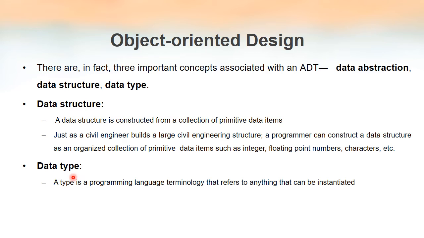So in general we can define a data type as a terminology that refers to anything that can be instantiated. That means if we can create instances, for example, if I say int a comma b comma c, what do you know about that? Or how will you comment on that line of code?